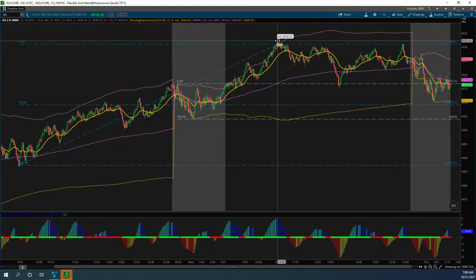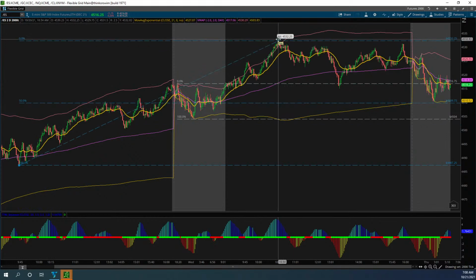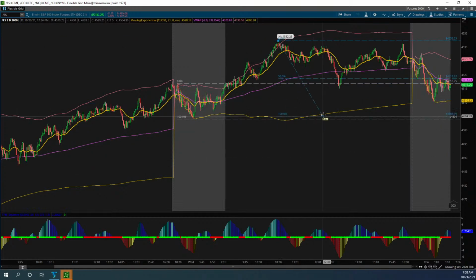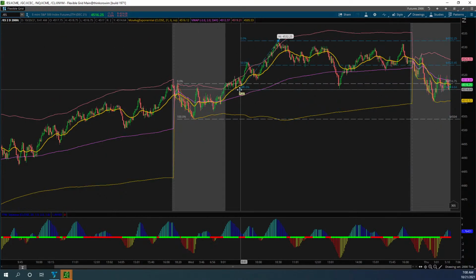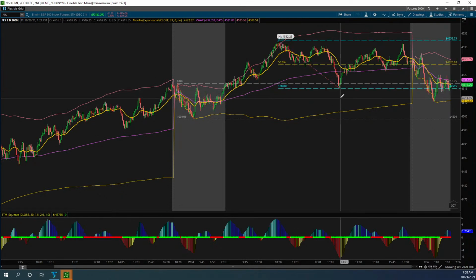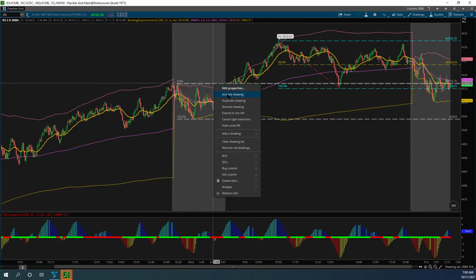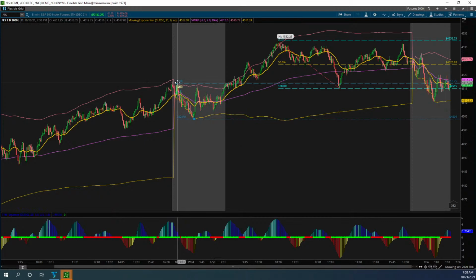The high for ES was 45.32, and the low yesterday seems to be around this area, 45.15, and then the mid is 45.23.63.